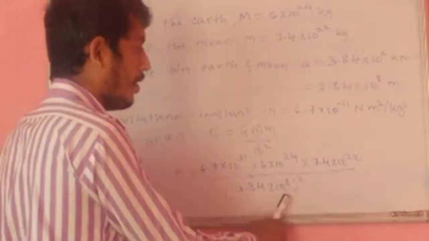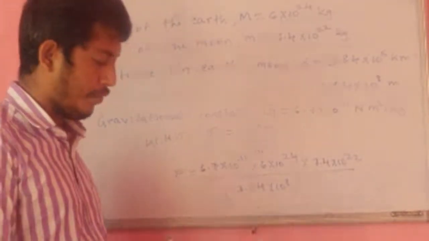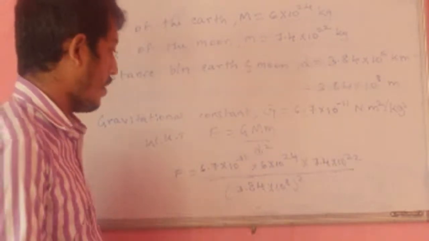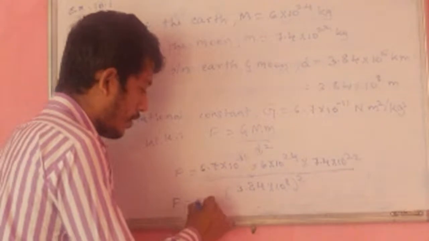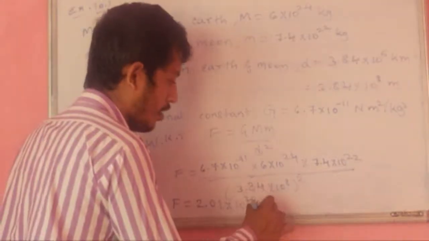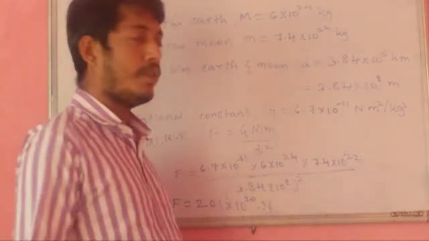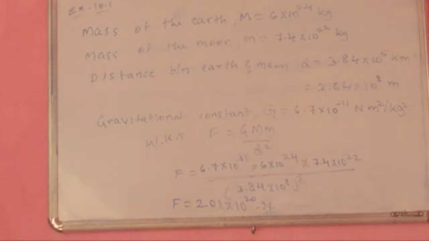So it becomes 10 raised to 16. Here it becomes 3.84 into 3.84. Finally it comes as F equals 2.01 into 10 raised to 20 Newton. That is the force between the earth and the moon.